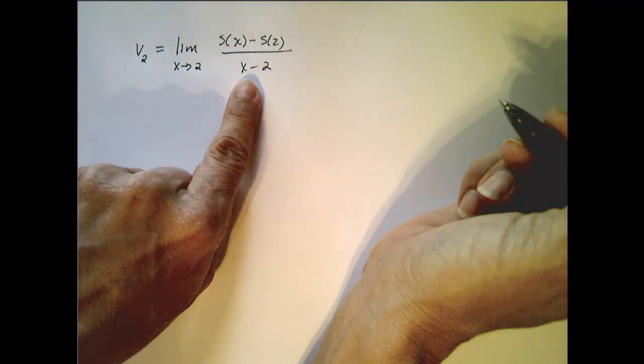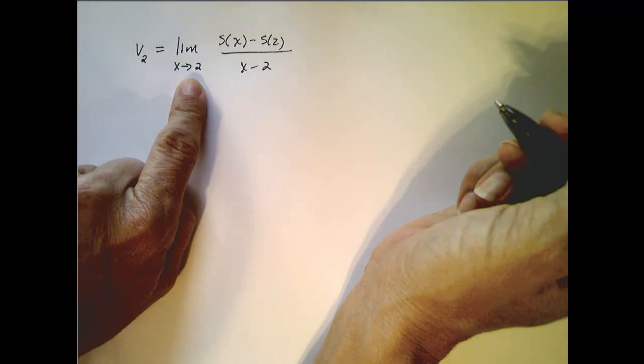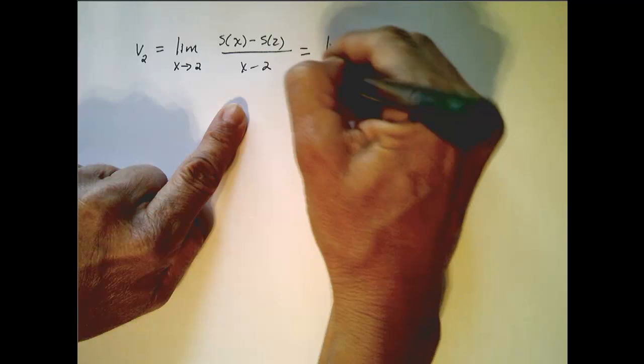This is the average velocity, so the limiting value of the average velocity as my points get closer to 2, s of 2, which is equal to the limit as x goes to 2.